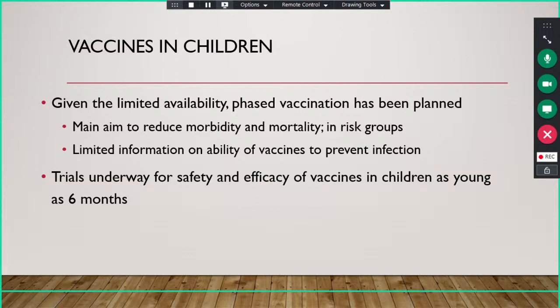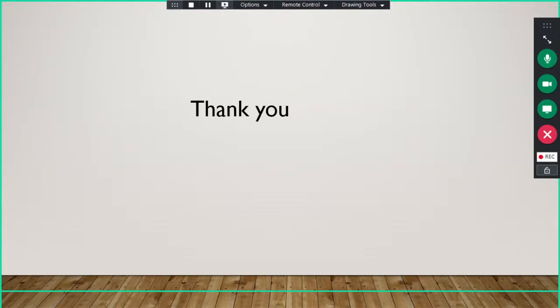Subsequently, it was extended to all population above 18 years of age. For children, because safety and efficacy need to be documented, some studies will be carried out, and once they are found to be safe and efficacious, then they will be given to the children. So this is all about COVID infection.